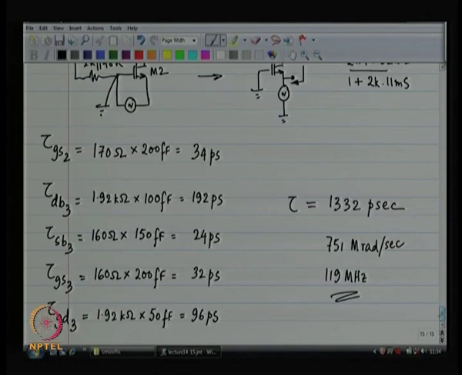All right. So once again, let me do the totaling. 96 pico, and then I've got 32 pico, and then I've got 24 pico, then I've got 192 pico, then I've got 34 pico.